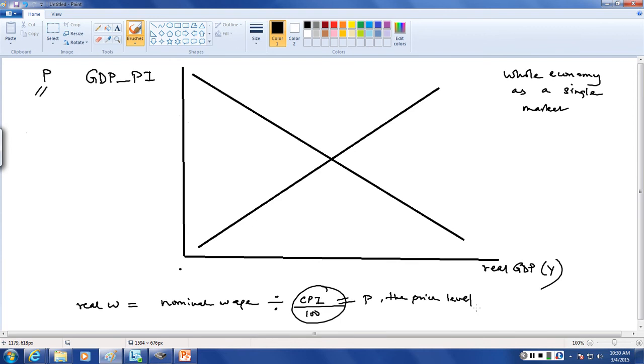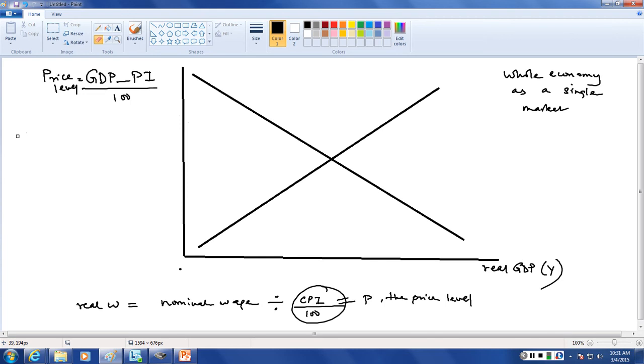I'm going to do something similar here. I'm going to divide this by 100, and I'm going to call that the price level. So this here is our price level. This is our measure of all prices, prices of all final goods and services.